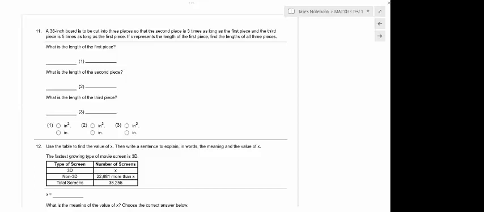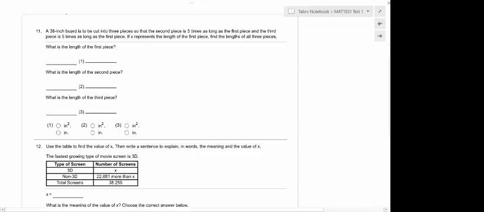Okay, so what I think is really important is you always need to set up your expressions first before you jump to creating an equation. If you jump right to creating an equation, often you'll make a mistake with the equation.